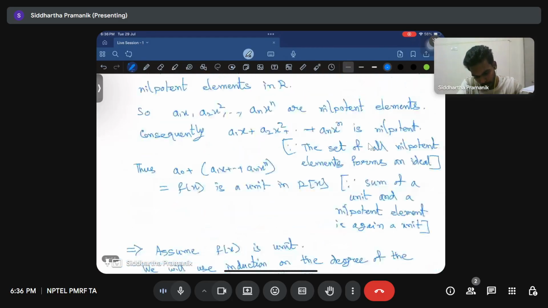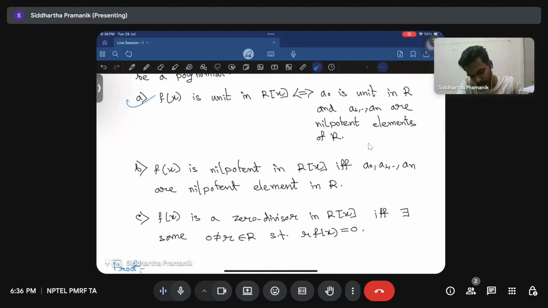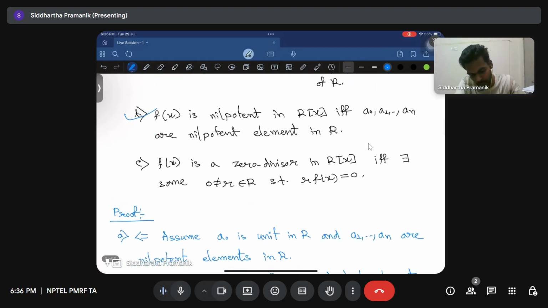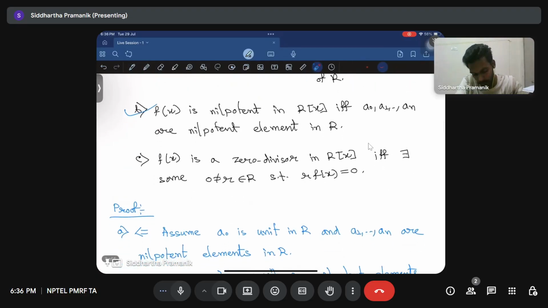So we have given the description of invertible elements as well as the description of nilpotent elements. The left part is the description of the zero divisors. So a polynomial is a zero divisor if and only if it is killed or annihilated by a non-zero scalar. That is what we have to prove. So one side is easy. So what about this side?